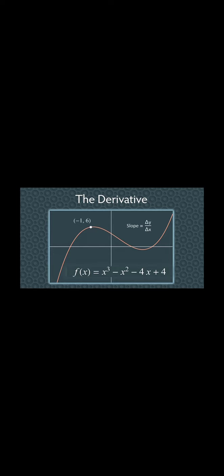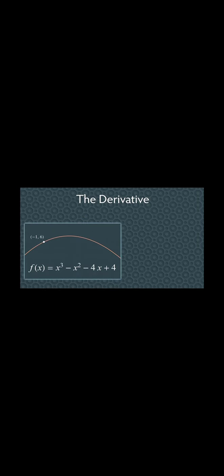In algebra, you find the rate of change of a line by computing the slope, the change in y divided by the change in x. But this is a curve, not a line, so we need a good look. Here's the idea. Pick a second point nearby.